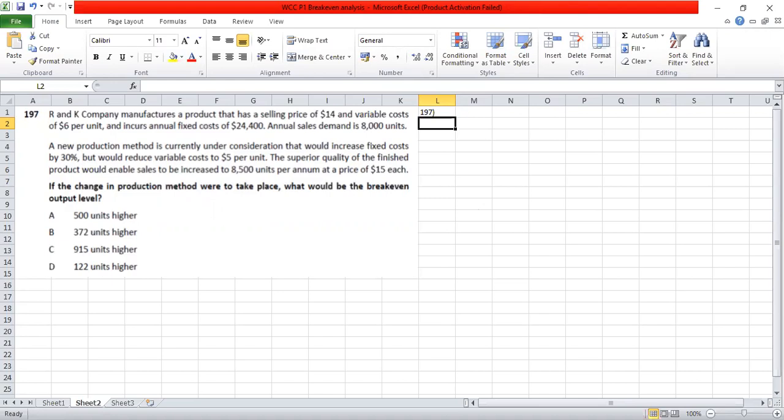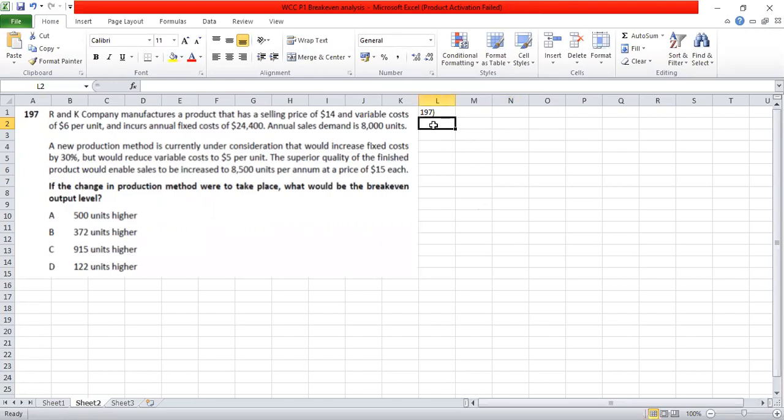But the options given are 500 units higher or 372 units higher. So when can we comment about whether it is higher or lower? Only when we have it on a comparative basis. So let's do that on a comparative basis. Columnar wise, we can put it.